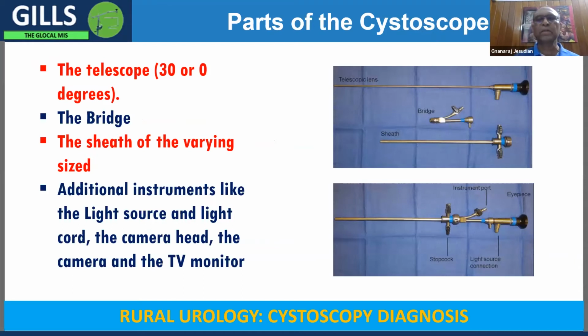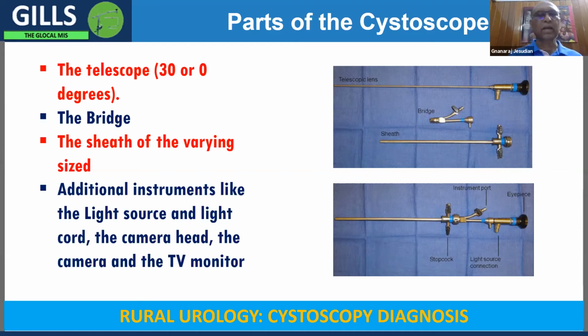So as we briefly mentioned, the classical cystoscope has 3 parts. The most important and expensive part is the telescope, and what we generally use is a 30 degree telescope for viewing the bladder and a 0 degree for viewing the urethra. Then there is a bridge.